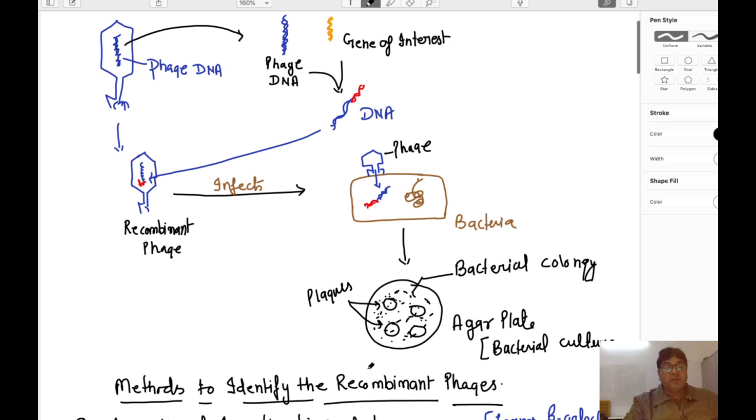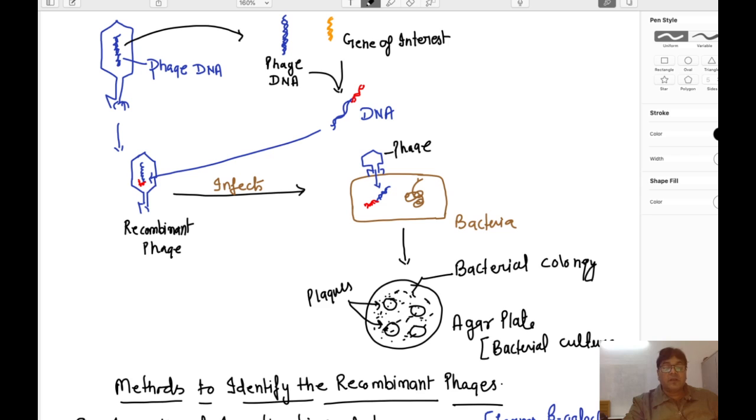This bacteria will multiply in a culture agar plate, and the phage DNA present inside the bacteria will lyse it, and many phages are released from inside the bacteria into the medium. So these round circles are the plaques. These are the plaques of the bacteriophages in the bacterial colony. So we say the plaques are present in the lawns of the bacteria.